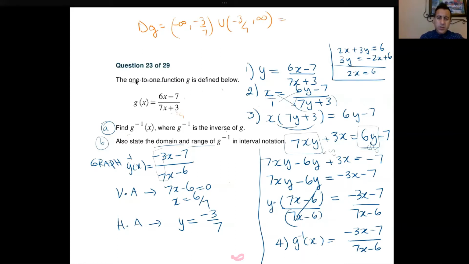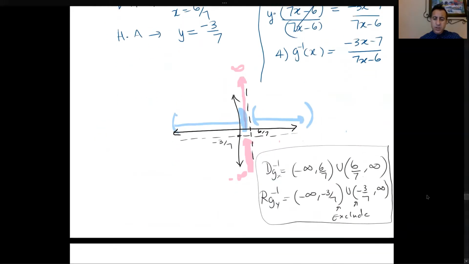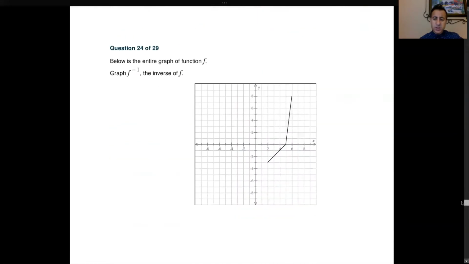And based on the previous talk, this domain of the function is exactly the range of the inverse. Let's check if that's what we found. The range of the inverse is negative infinity to negative 3/7, so exactly the same thing.